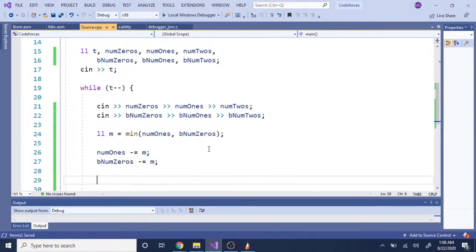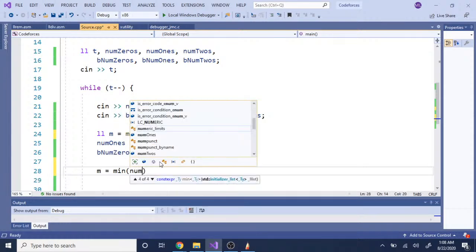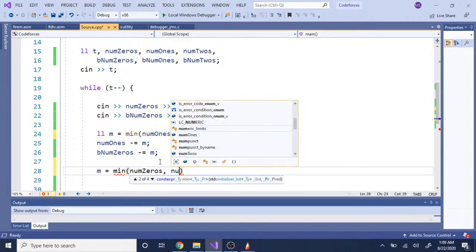Now we want to pair the number of zeros with twos. So let's do the minimum of num zeros and num twos.